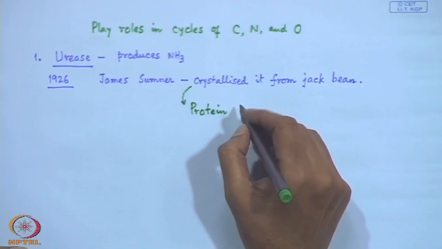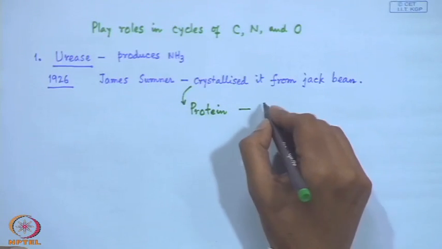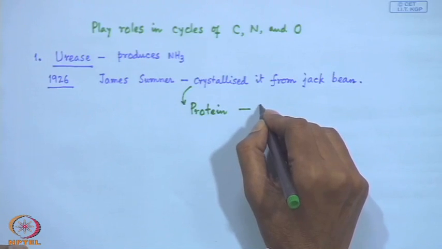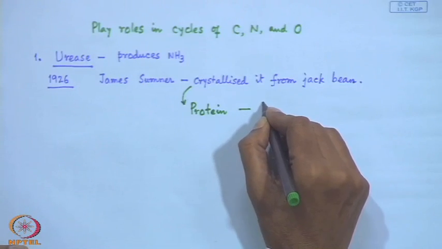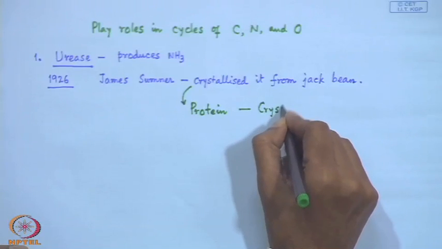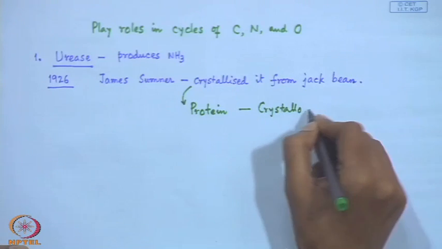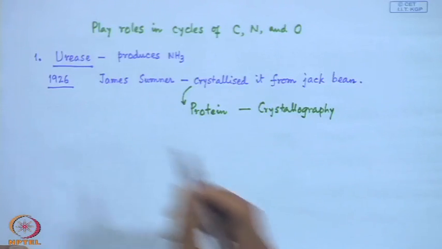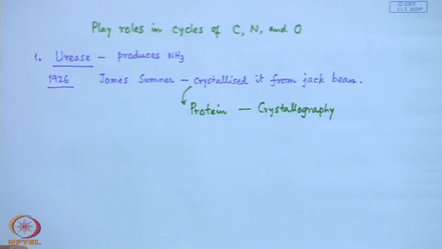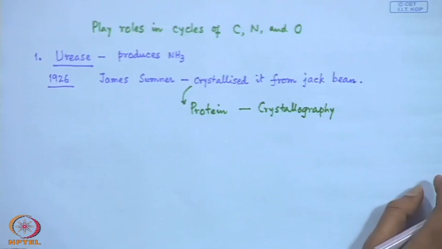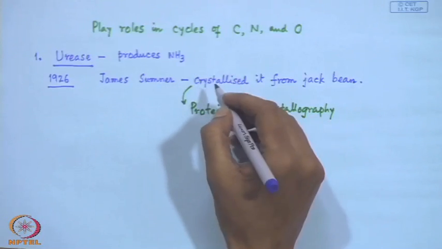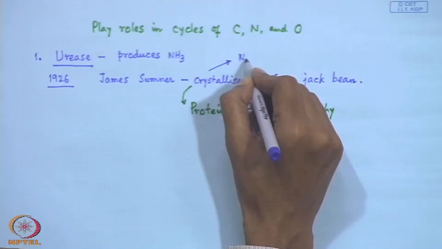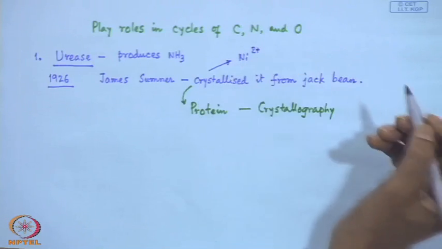Crystallization of protein was so important, because nowadays we know that for determining the actual structure, we should go for protein crystallography. So, the discovery in that period was that it can crystallize something, and the metal was there. This crystallization was definitely dependent on the presence of metal ion.